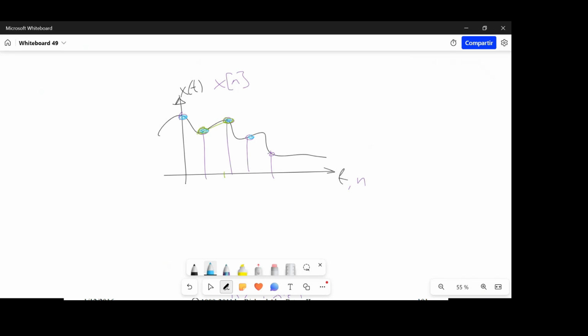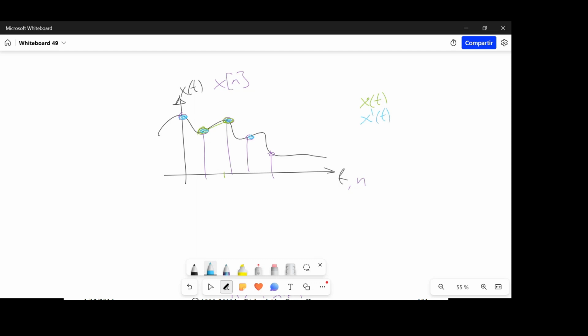With the green ones, I'm able to estimate X. But with the blue ones, I'm also able to estimate the derivative. And the more samples, the more derivatives you are able to estimate.